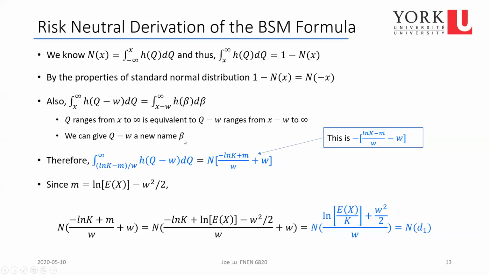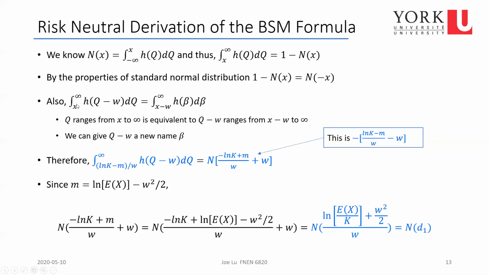Okay. And the other part here, we talked about we have this Q minus W, we have dW here. So if we call this Q minus W a new variable, so the second time that we do a change of variable here, let's say we define a new variable beta, which is equal to Q minus W here.